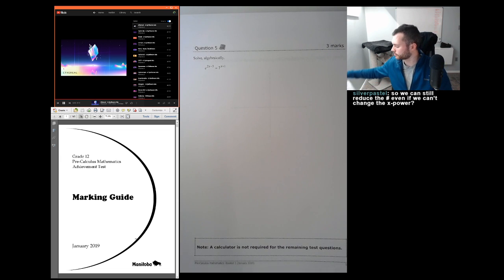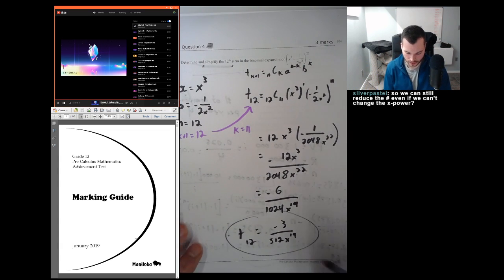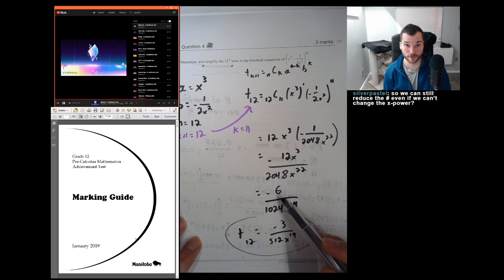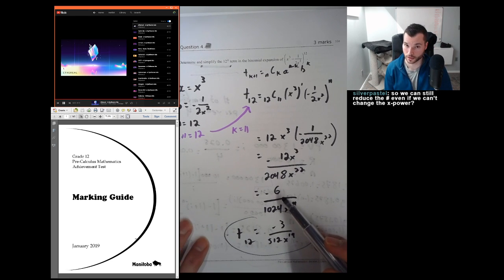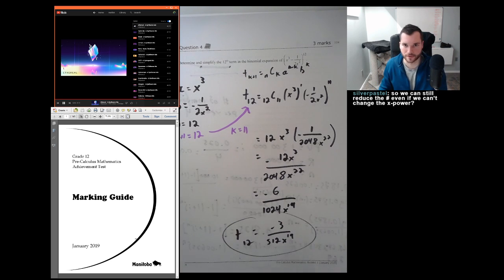We can still reduce the even number. Oh, the coefficient. I'm going to assume you mean the coefficients. And yes, the coefficients are separate from the variables in terms of exponent laws. I can reduce the coefficients, even if we can't change the x power.